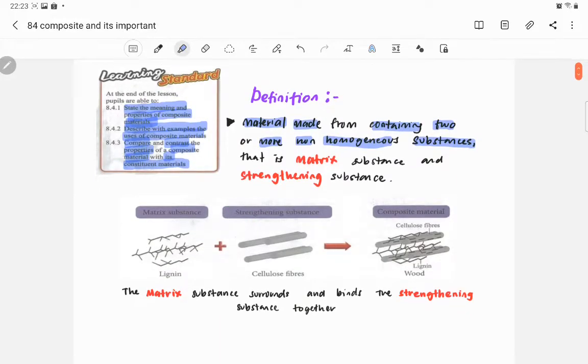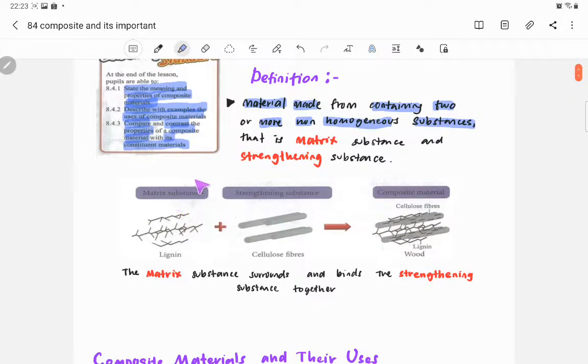This is the example of composite material, wood, where the matrix substance is called lignin and the strengthening substance is cellulose fiber.